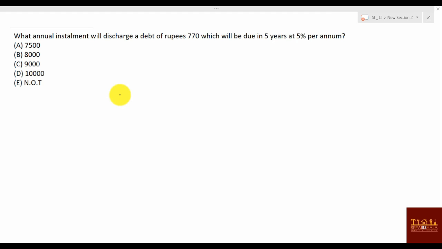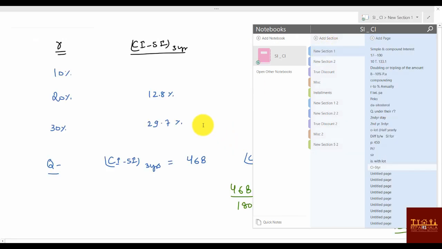So this concept says present value, and actually this option I'm going to say is present value under SI.